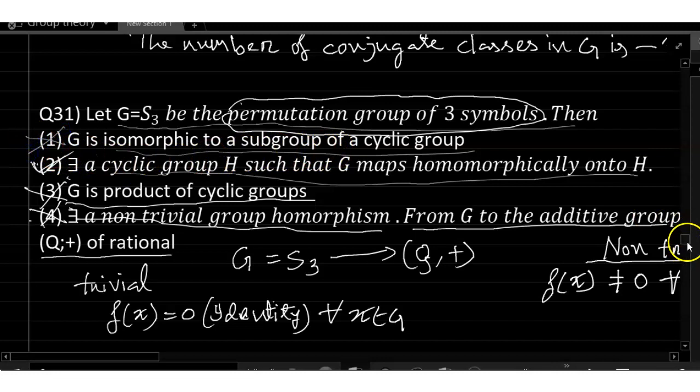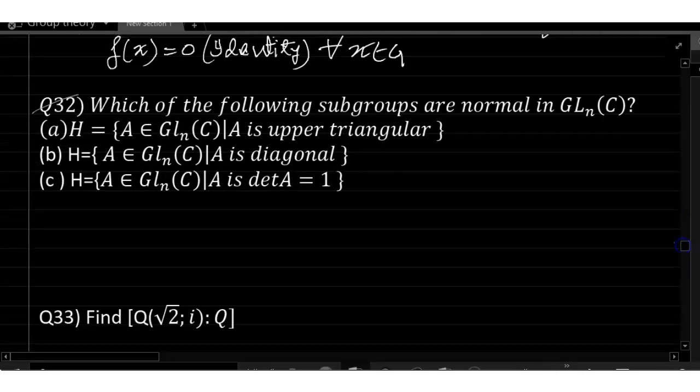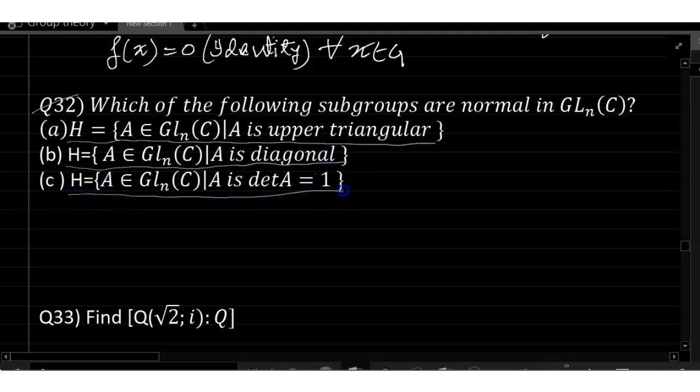Now we are going to solve the next problem. Which of the following subgroups are normal in GLn(C)? H equals the set of A in GLn(C) such that A is upper triangular. H equals the set of A in GLn(C) such that A is diagonal. And the set of A in GLn(C) such that det A equals 1. So solution: the first option is wrong, the second option is wrong.